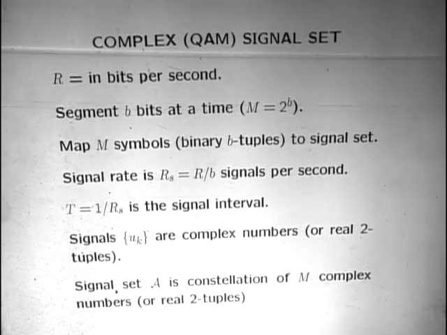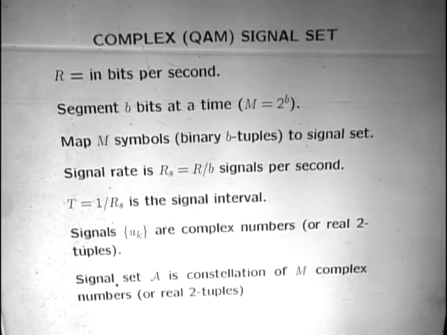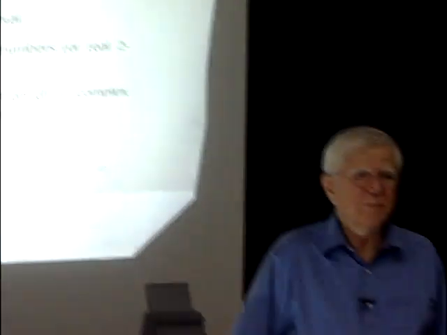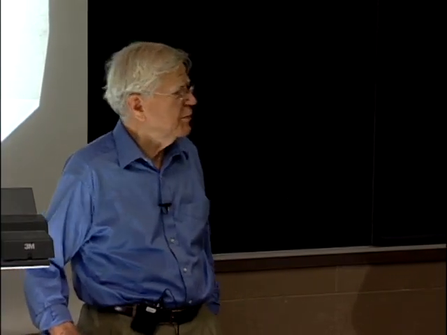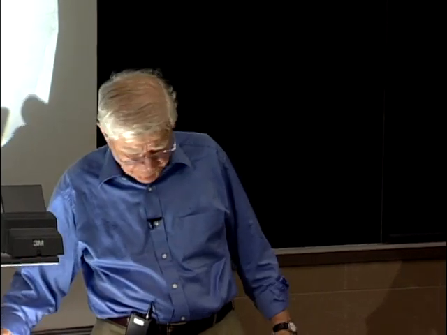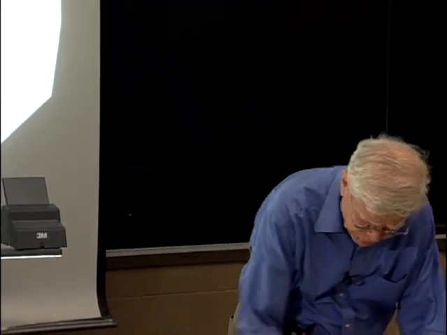What problem is that similar to? It's similar to the quantization problem, where we were trying to choose m representation points. It's a very similar problem, with a few small differences, but not many.